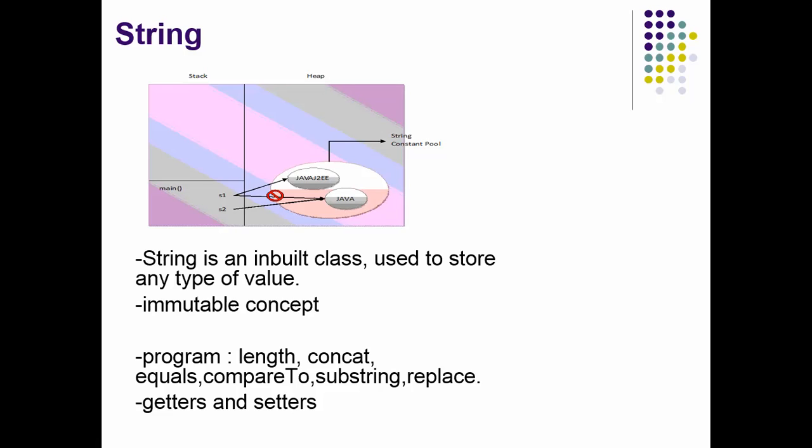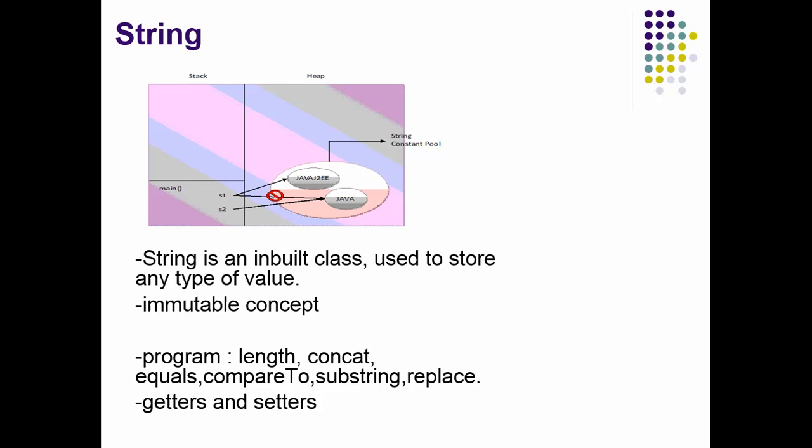Again, how can we store? With double quotes. With double quotes we store some set of characters, words, or some name, contact number, such types of data, and we can perform operations on that.